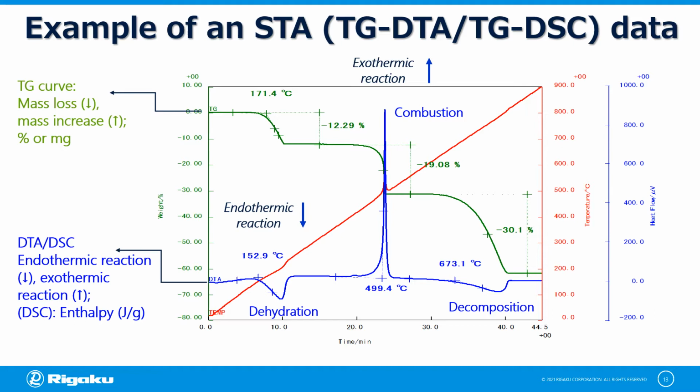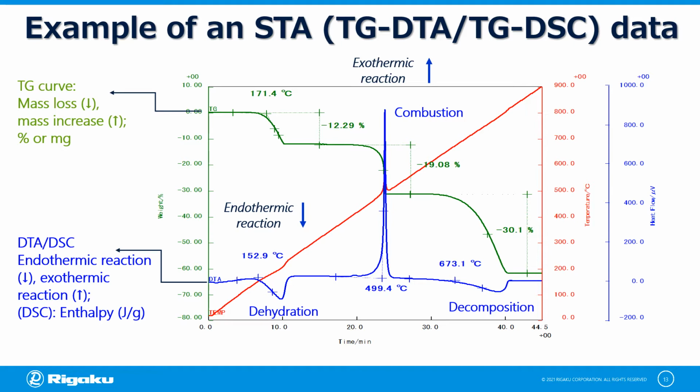This example is a measurement result of calcium oxalate monohydrate, a standard material for TG method, which was measured in air atmosphere. The first mass loss is dehydration, revealed as endothermic reaction. Then the second mass loss is the formation of calcium carbonate and an evolution of carbon monoxide.